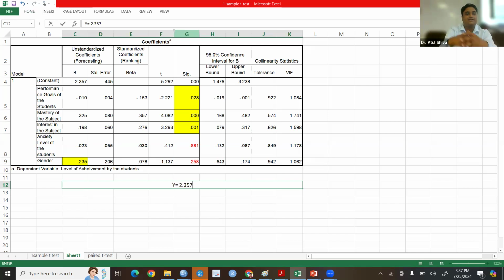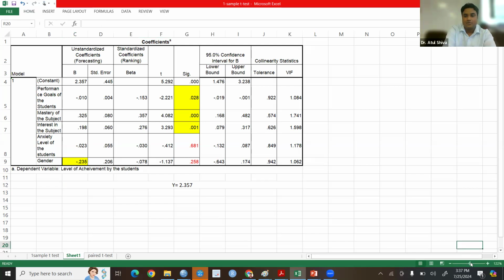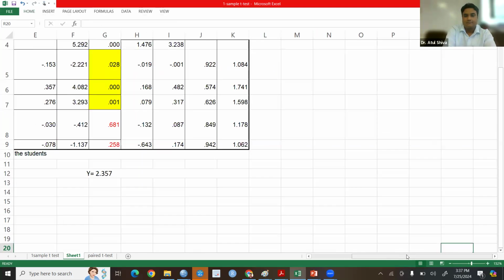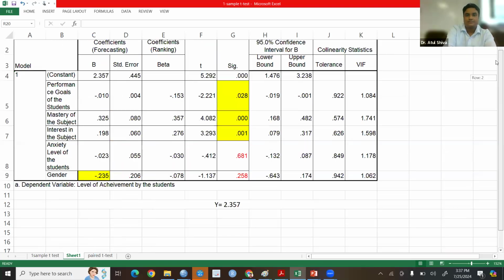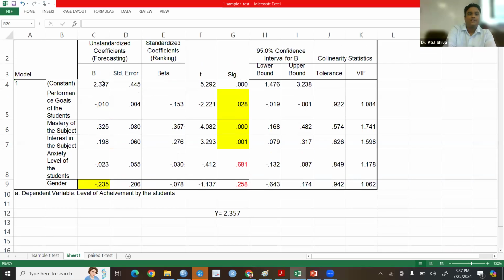2.357 constant. This is constant. Now you know where the value of constant is coming from. Constant is 2.357. Forecasting and line of best fit is created from this box.